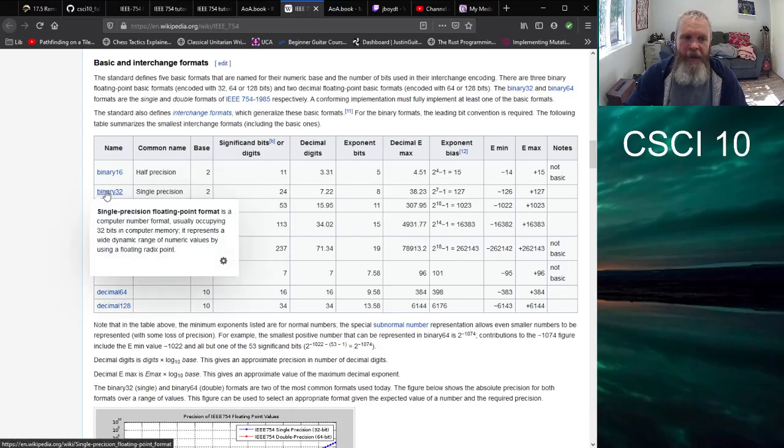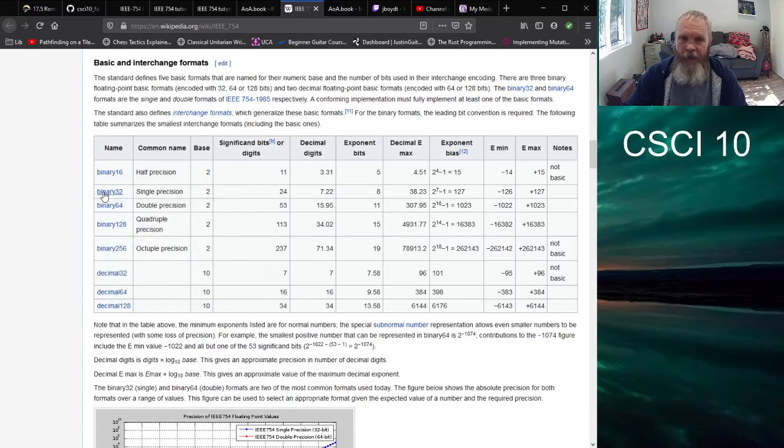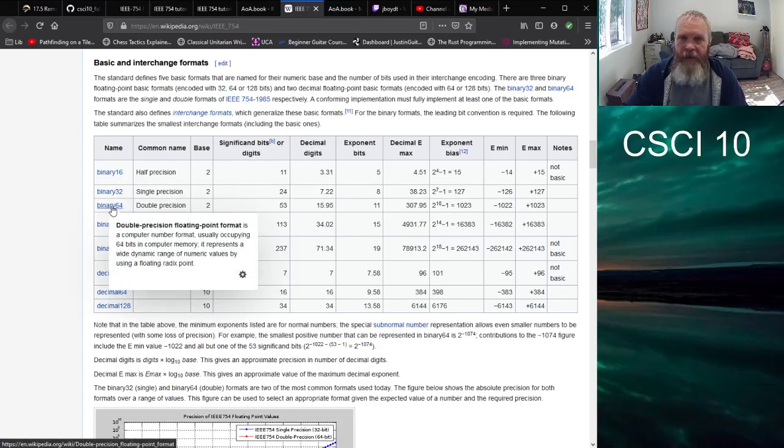There's a 32-bit, and that's very common. So in C++, as an example, the float data type follows the IEEE 754 standard. In HLA, we call that real 32. The 64-bit standard definition, that is a double in C++.